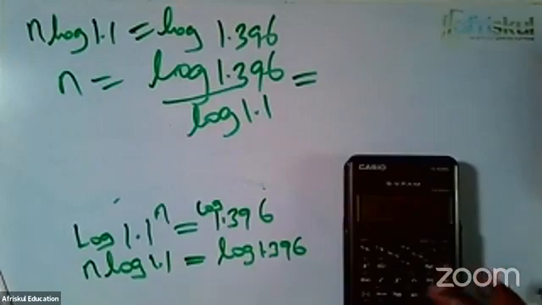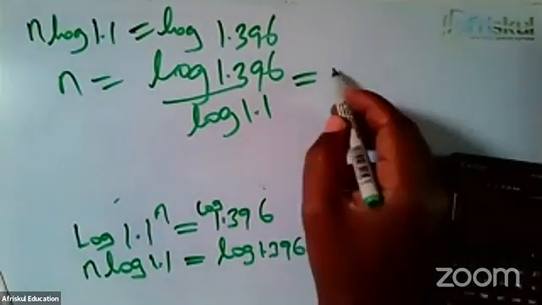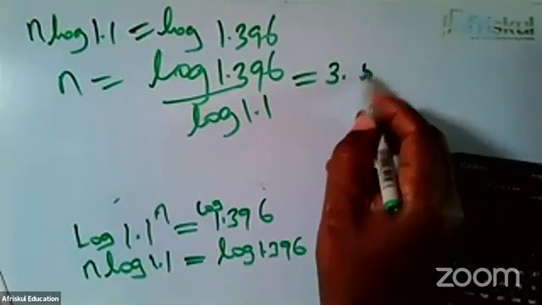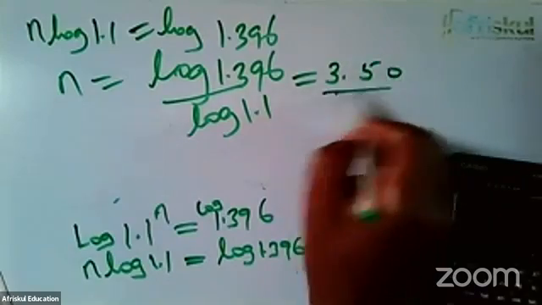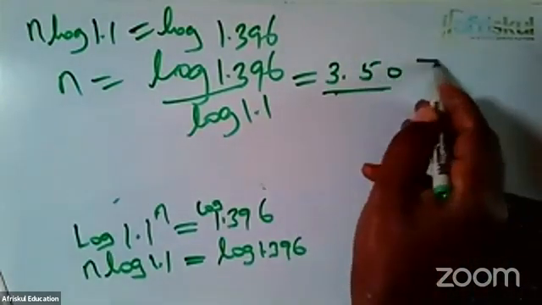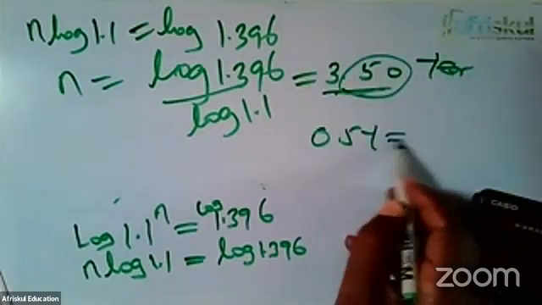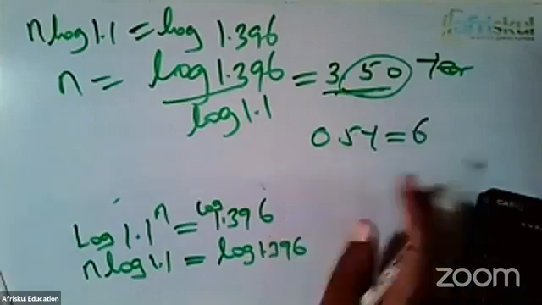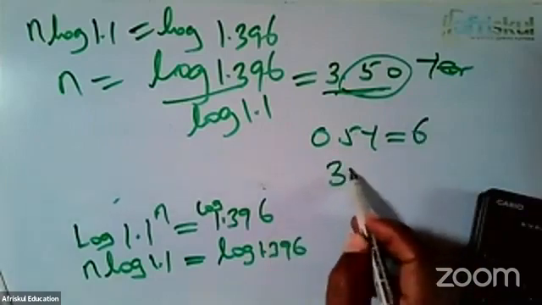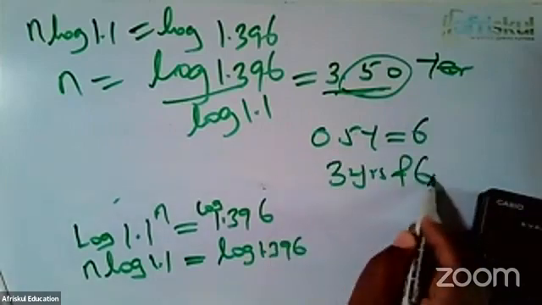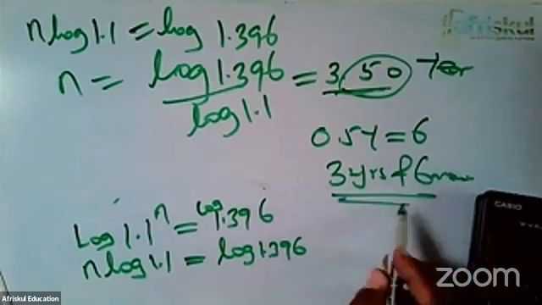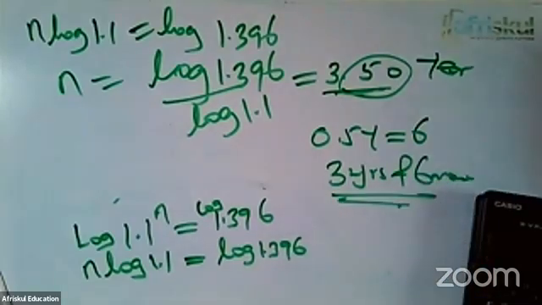So logarithm of 1.396 divided by logarithm of 1.1, which at the end of the day will give us 3.50 years. If I want, I can talk of 0.5 of a year. This is the same as 6 months, because a whole year has got 12 months. So then this will be 3 years and 6 months. That is the answer to that question.